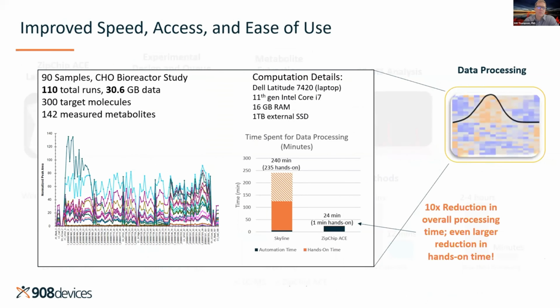Just as a challenge to myself, how much time can this save? This is a study where we collected a CHO bioreactor study, a very common set of samples for us to collect. 90 samples, 110 runs, including all the calibrators and quality controls, 300 targets and 142 measured metabolites.